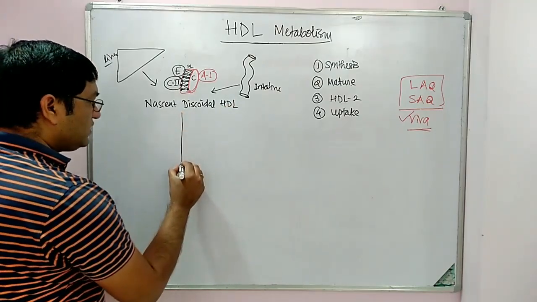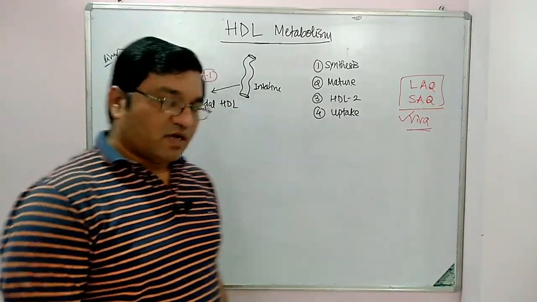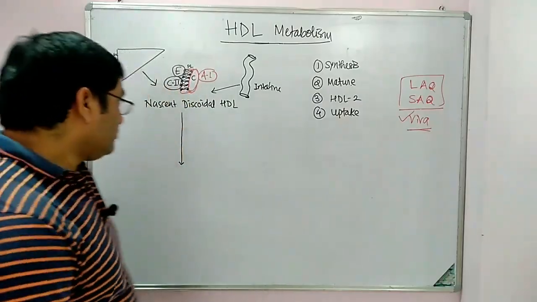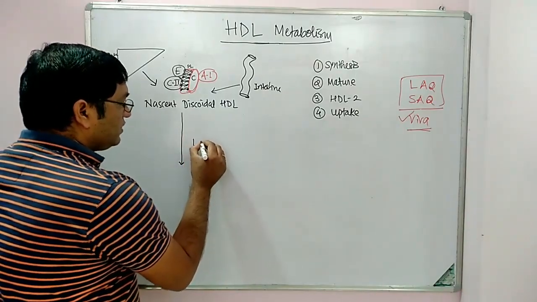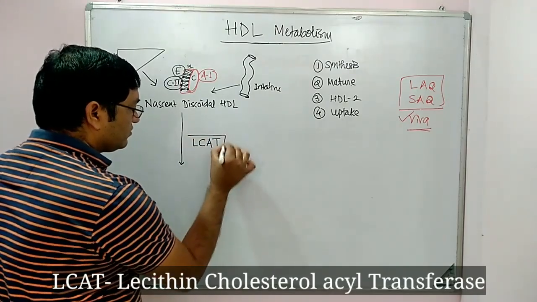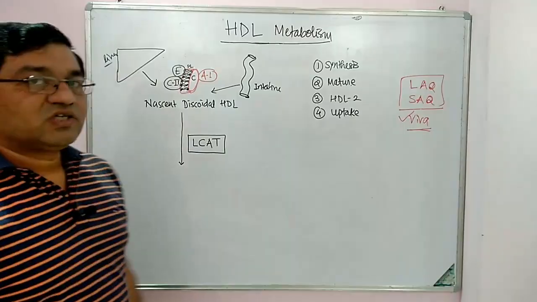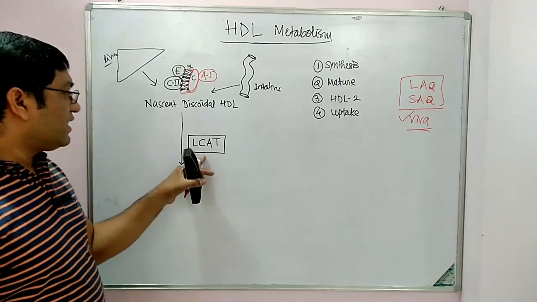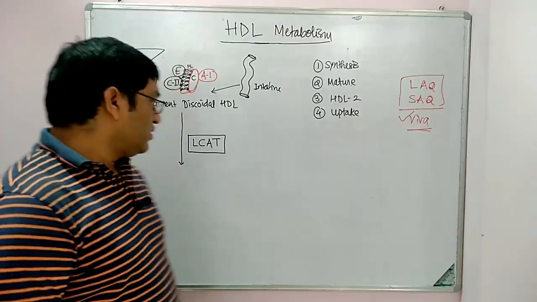Now this nascent discoidal HDL is secreted in the plasma, where the enzyme lecithin cholesterol acyl transferase, LCAT, gets attached to it. With the help of A1, this LCAT attaches to the discoidal HDL.